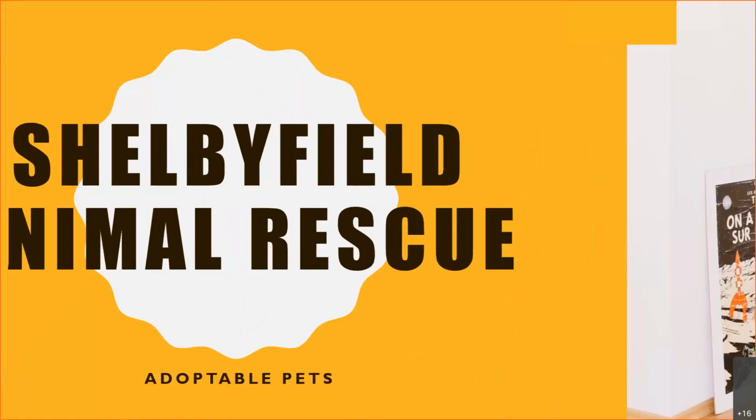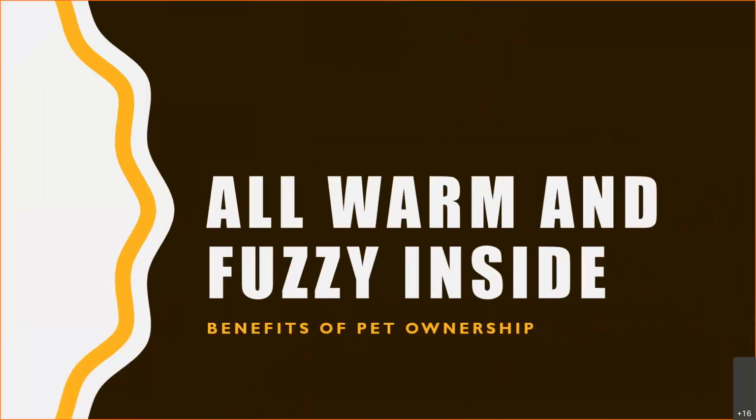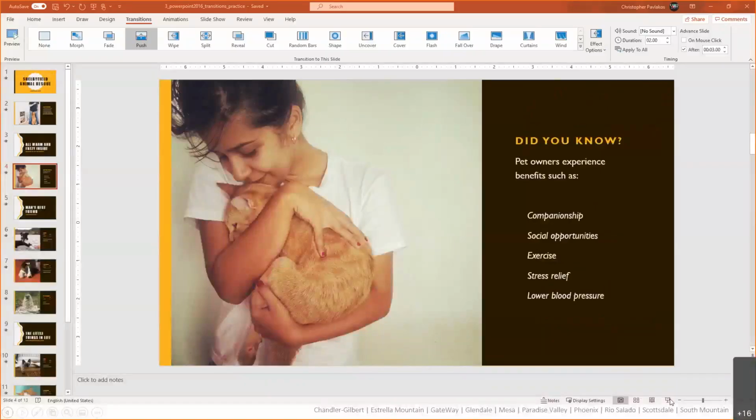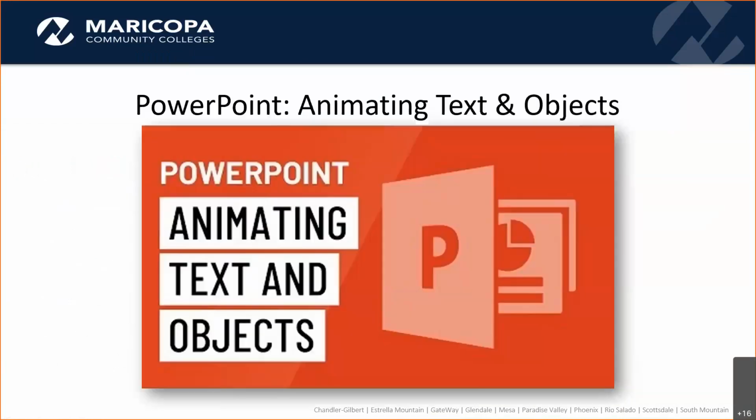And then after 3 seconds, automatically goes to the next slide. My hands are right here. I'm not touching anything. It's doing this all on its own. There we go. Great job.